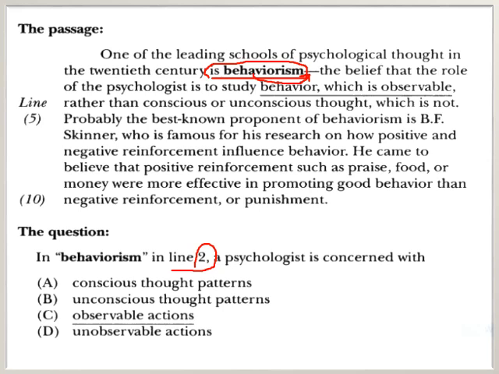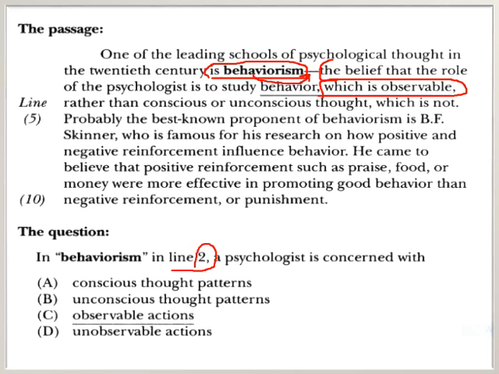Now what comes between the two hyphens is the meaning, or at least a hint to help us. So let's read. One of the leading schools of psychological thought in the 20th century is behaviorism. Here are the hyphens. The belief that the role of the psychologist is to study behavior which is observable.